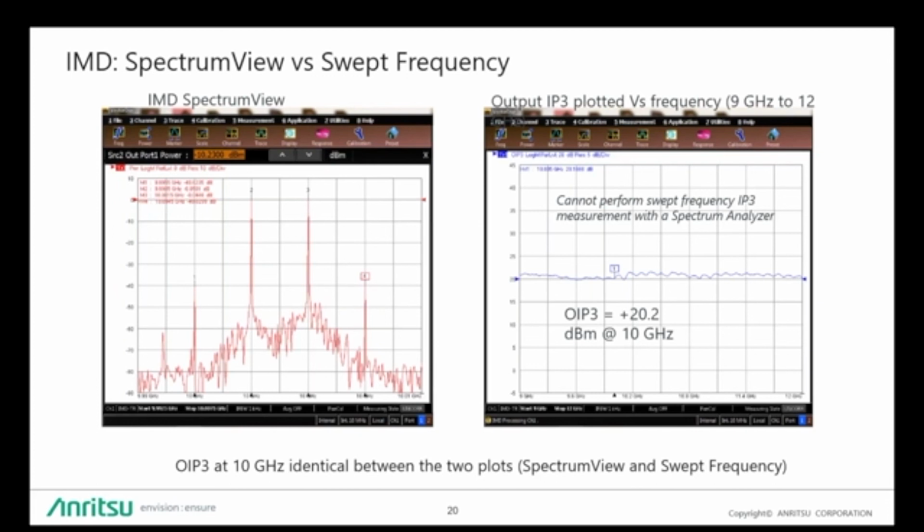And both of them correlate almost identically, and that's the beauty of this. You can see that the output IP3 in the picture on the right at 10 gigahertz, where I've put the marker, is around plus 20 dBm. And if you calculate the output IP3 for the plot on the left in the spectrum view, that's also in the 20 dBm ballpark. So both modes agree with each other.